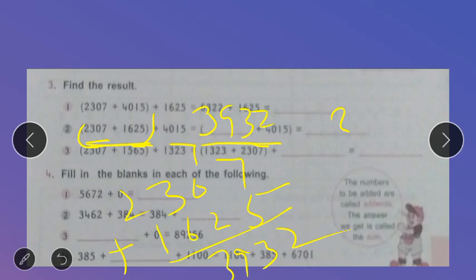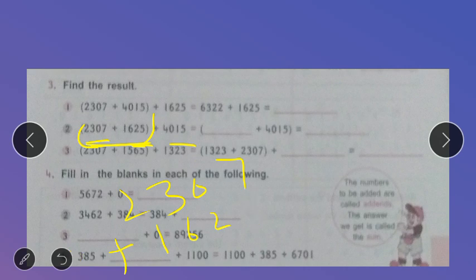Okay. Now question 4. Remaining you have to do yourself. If you are not getting the answer, or if you have any doubt, you can ask me. Question 4. Fill in the blanks in each of the following. 5672 plus 0.